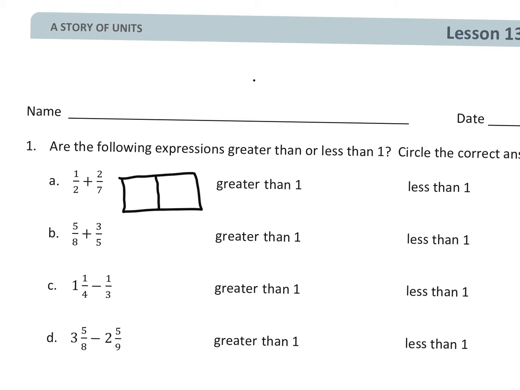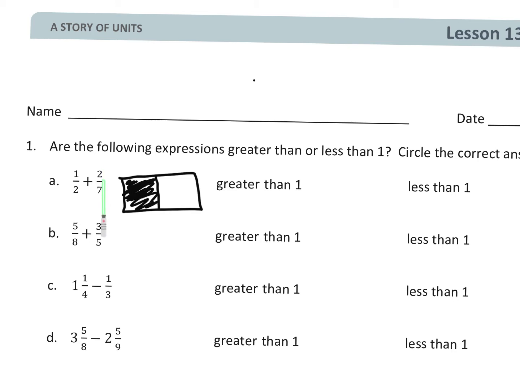So I know that there are how many halves in a whole? Well, I got 1, 2. So I need 2 halves to equal something that's 1. And so right here, I know that I've got 1/2. So I could go ahead and just shade that in, to start with.